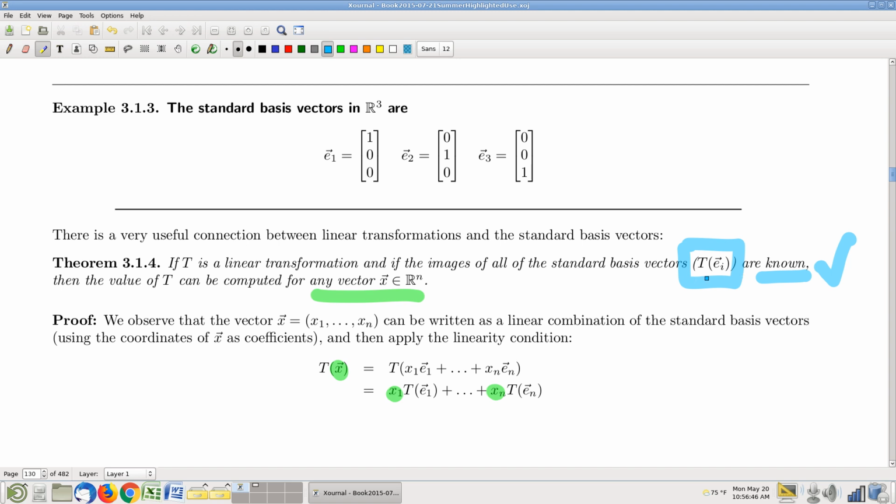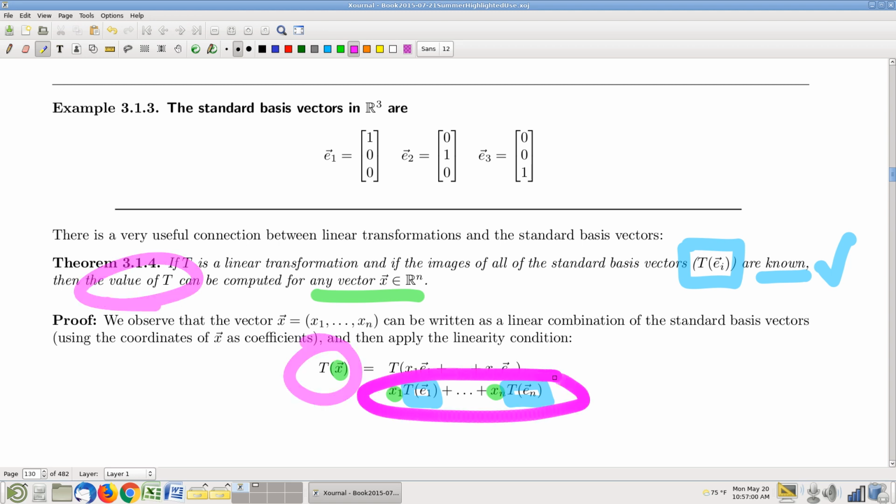These T of EI's, those are all known. I claimed that I can compute the value of T, and there it is. If I know these blue standard basis images, you give me any vector x that I have highlighted in green, and I can compute what T is because here's a formula for it.